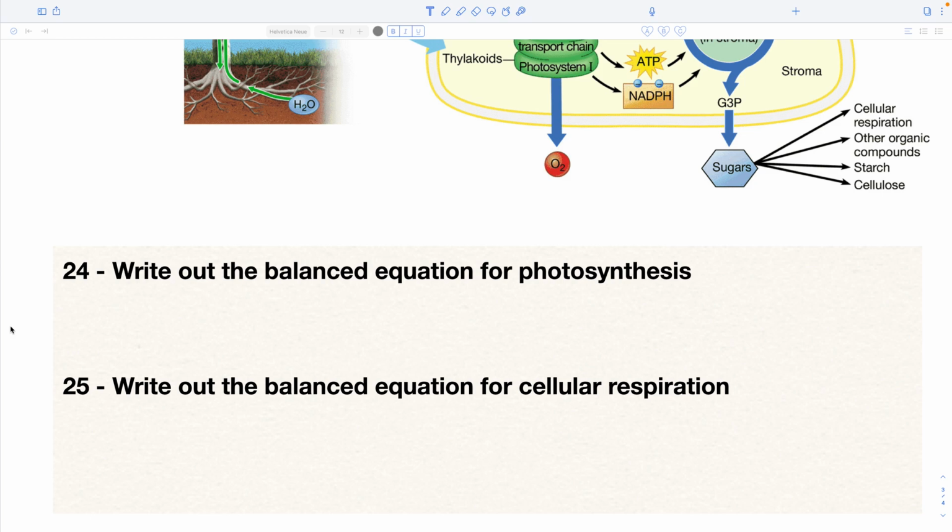This is 24, right? This is 25. It's not hard to write the equation. But look, it says balanced. Have you ever been on a teeter-totter and you're both at the same edge? And then it's like this?